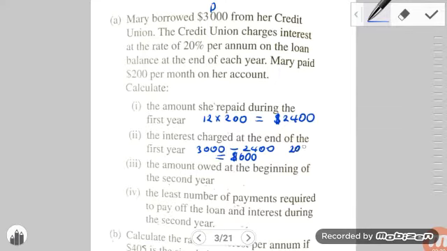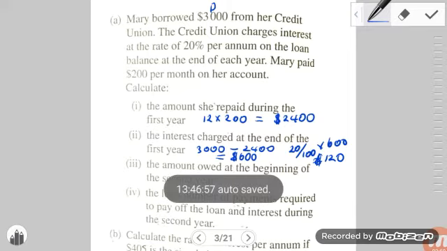So that's going to be 20 over 100 times 600, and that literally is going to be equal to $120. So that's going to be the interest that they are going to charge her on what she has remaining for the bank at the end of the first year.